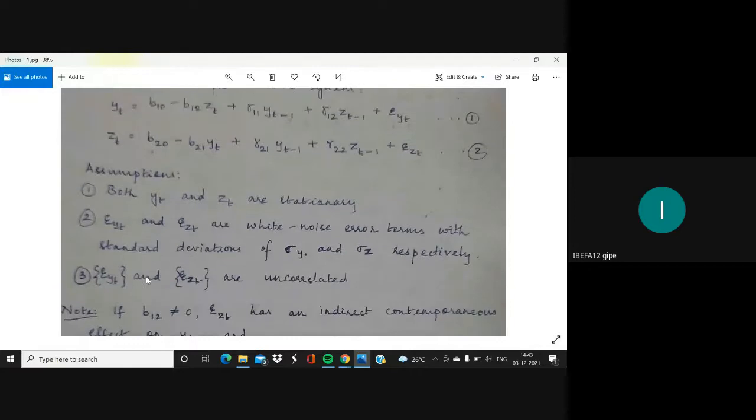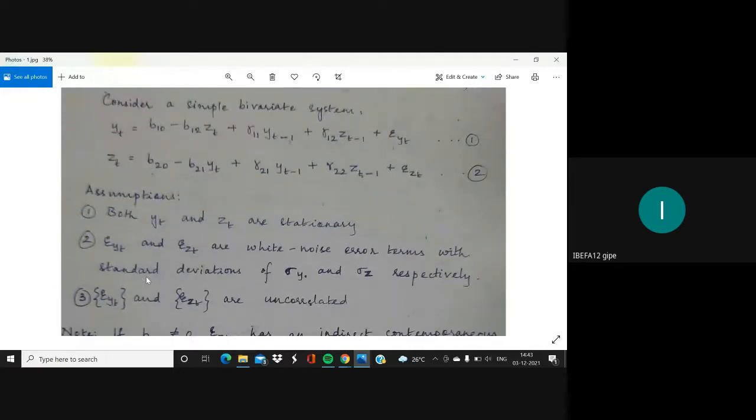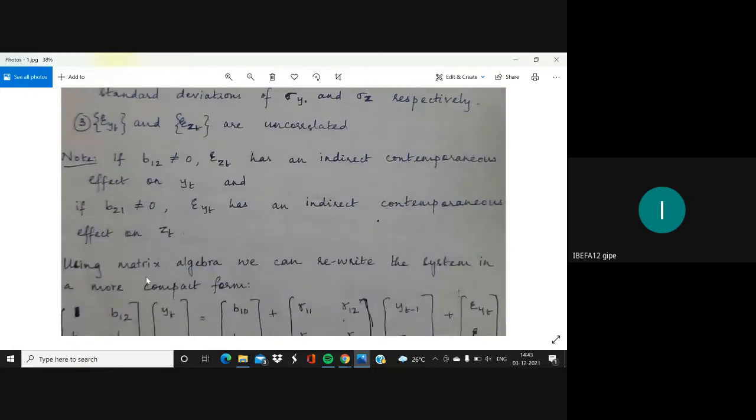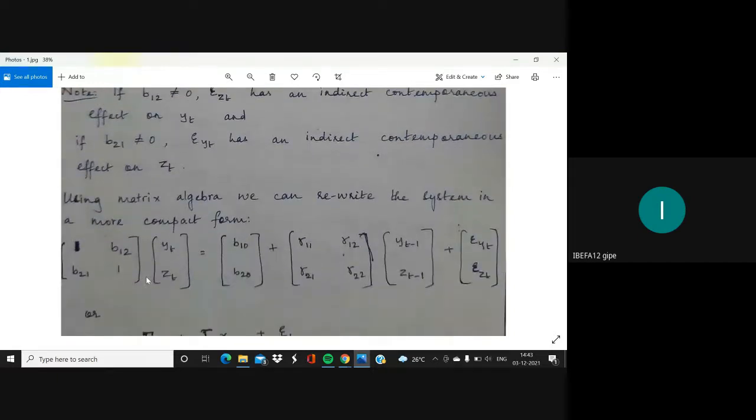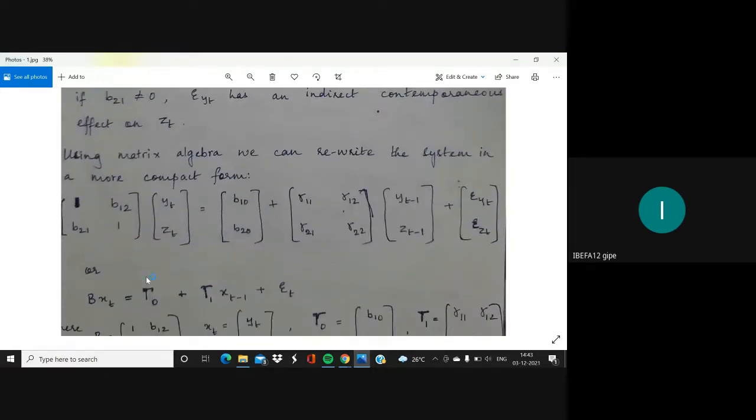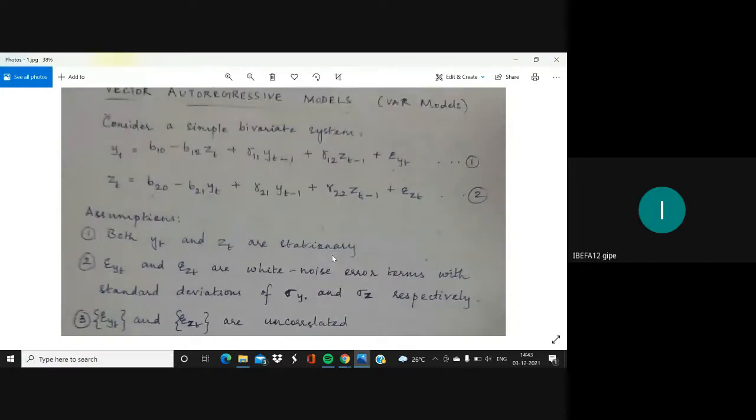Now using matrix algebra, we can rewrite these two equations, equation 1 and 2, in the form of matrices. What has been done in this equation is that yt and zt, since they also appear on the right hand side, have been shifted to the left hand side, and then the matrix has been created.